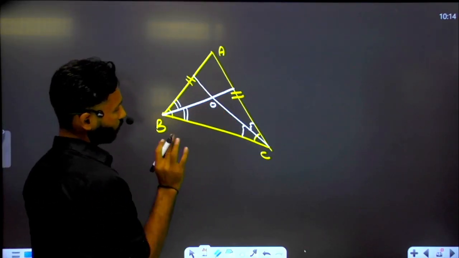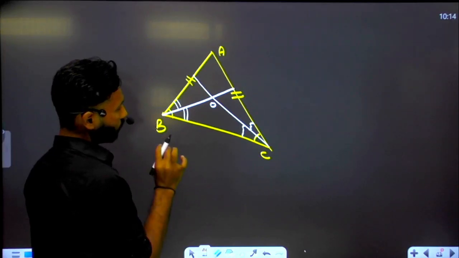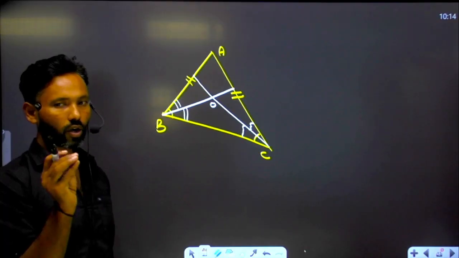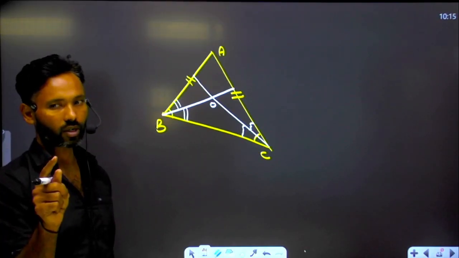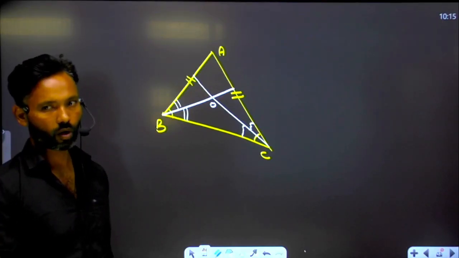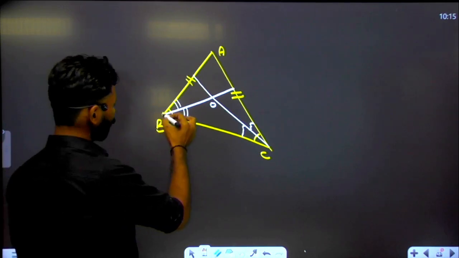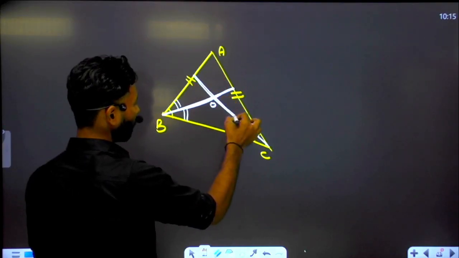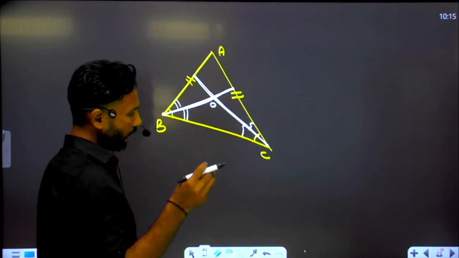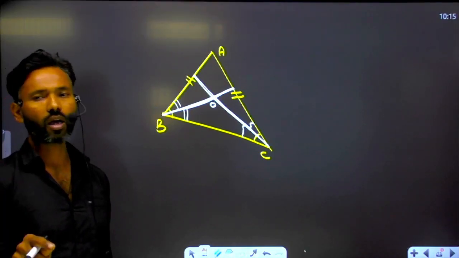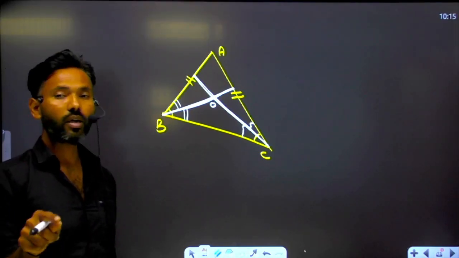What I told you, only in an isosceles triangle, if you are drawing two angle bisectors from those vertices which are represented equally, these angle bisectors will be working as angle bisector as well as median. And recently I told you the intersection point of medians will be centroid.